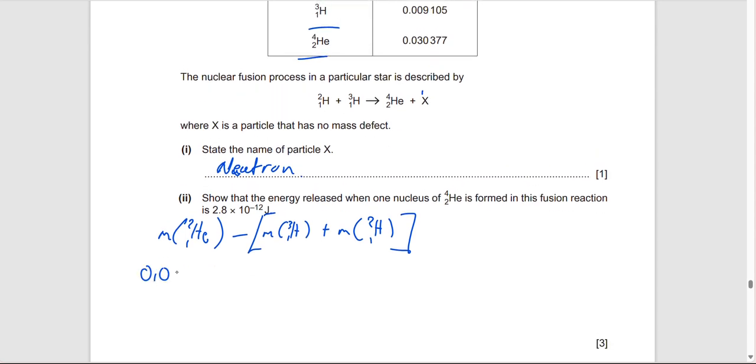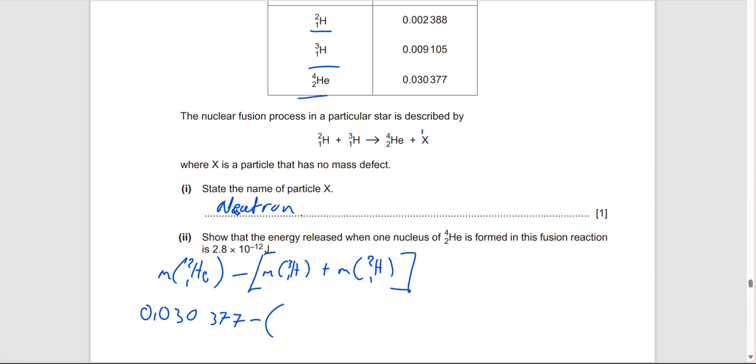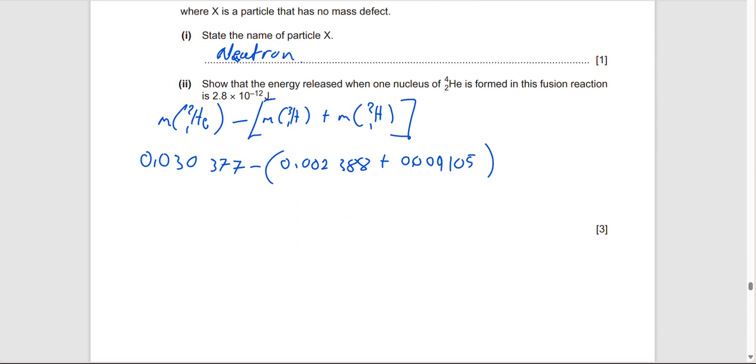Therefore, it's 0.030377 minus the combined mass of those two, 0.00238 plus 0.009105. There we go.